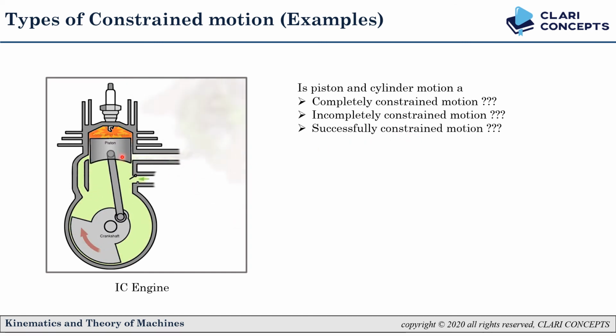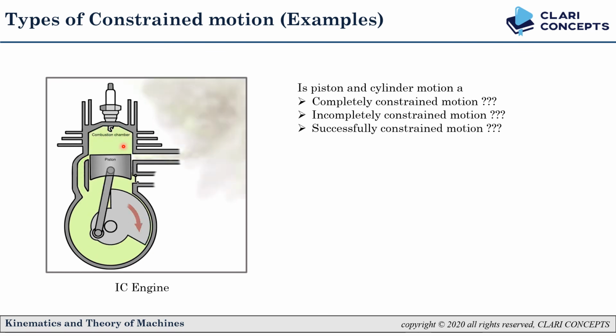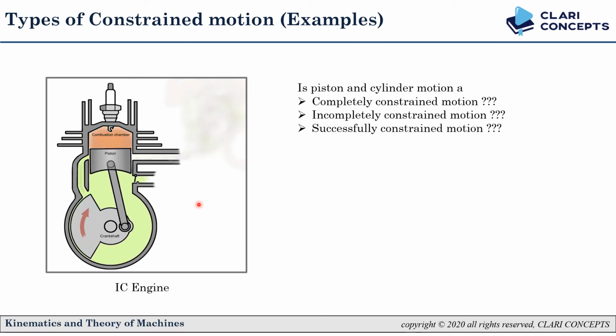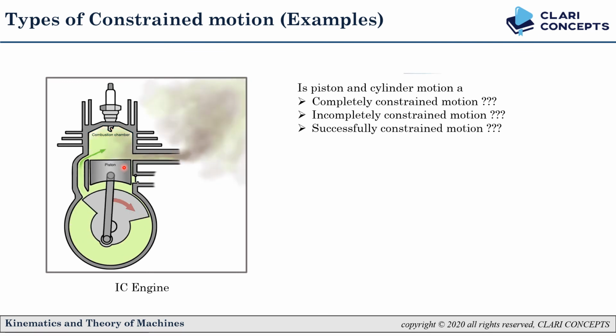It has a circular cross section. Cylinder means what? It is also a circular cross section, but it is a hole. You can consider it as a circular shaft and circular hole. So normally a circular shaft and circular hole can slide as well as rotate, right? But can you see the piston is only reciprocating inside the cylinder. It never rotates inside, isn't it?